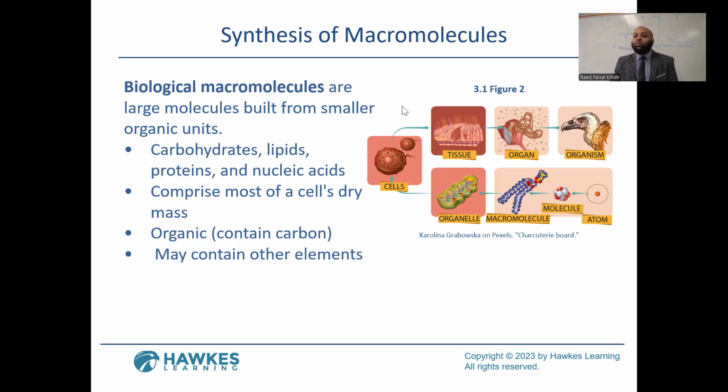So this is going to make more sense when we look at biological molecules, or large molecules built from smaller organic units. You have carbohydrates at the top, then the lipids, then the proteins, then the nucleic acids. They comprise most of a cell's dry mass.